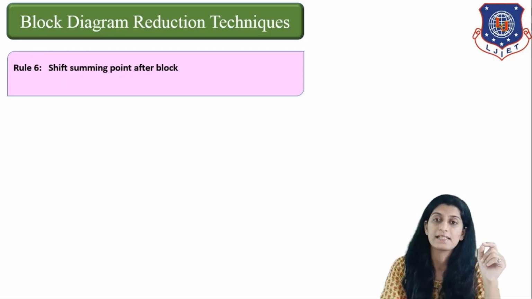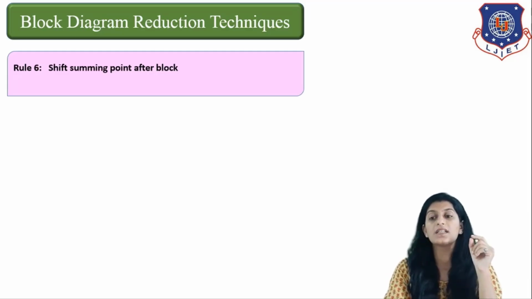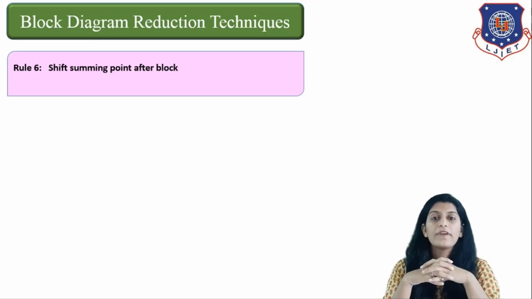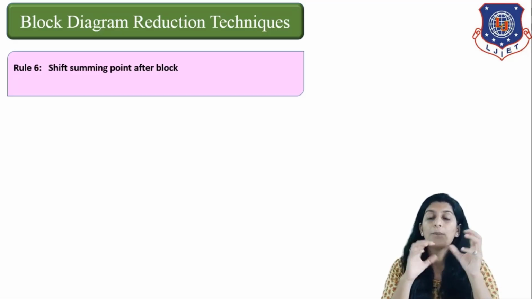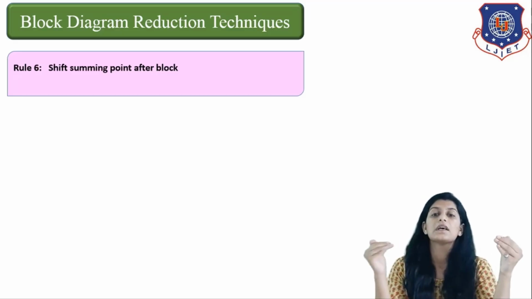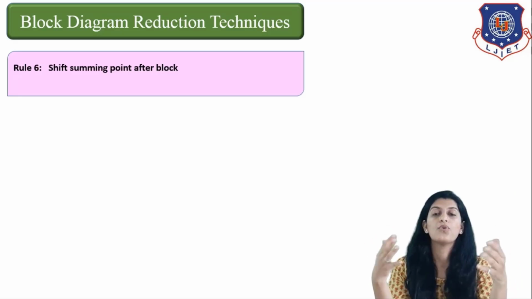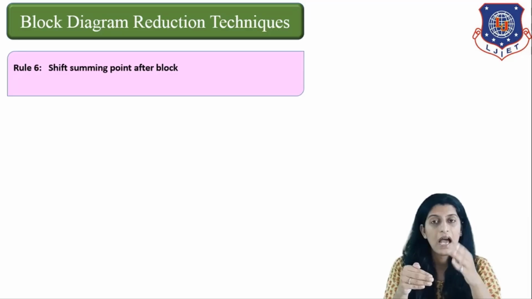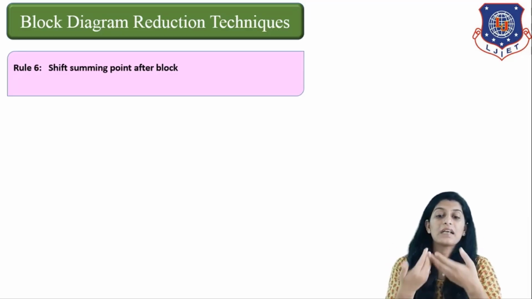Rule number 6 is associated with the summing point. Right? So, whenever we talk about a summing point, it refers to a point where either 1, 2 or maybe more than 2 signals are entering and some signals are coming out of it.